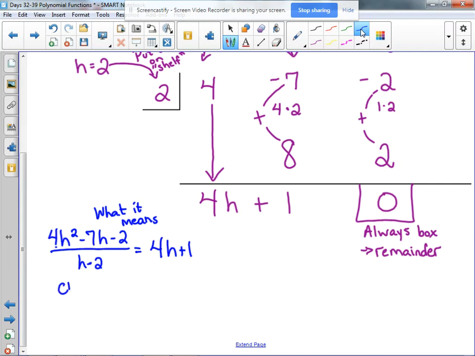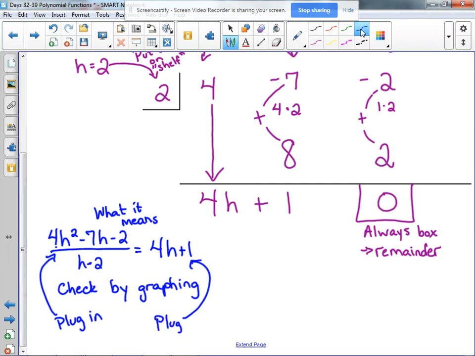You can check by graphing. You plug in the left side, you plug in the right side. It should be one graph.